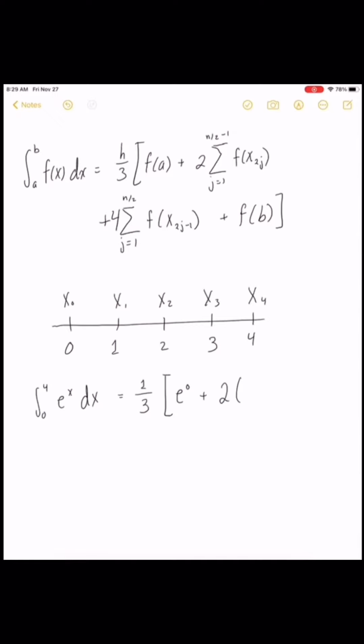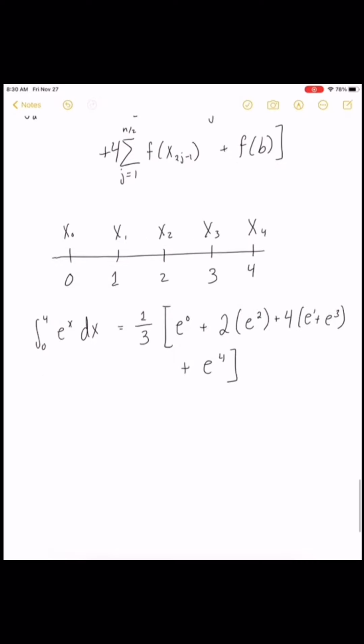So that's really just x2 in this case, so e to the 2. Then plus 4 times the values of the function at the odd subscripted nodes, which are x1 and x3. So 4 times e to the 1 plus e cubed, and then plus f of b, which is e to the 4th. This is what composite Simpson's rule gives us.